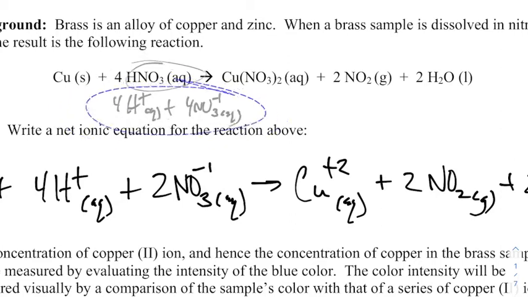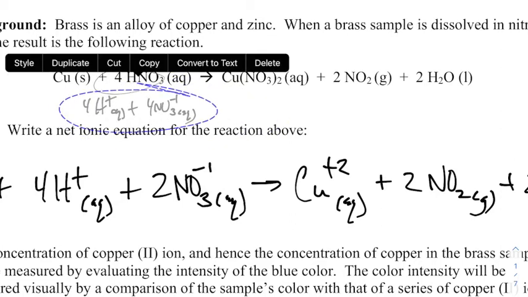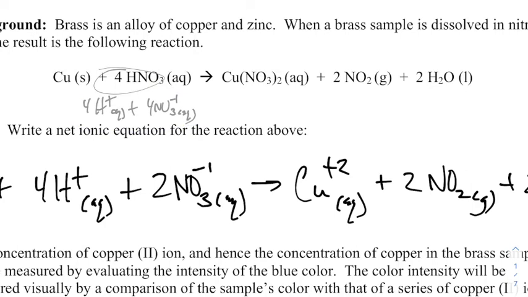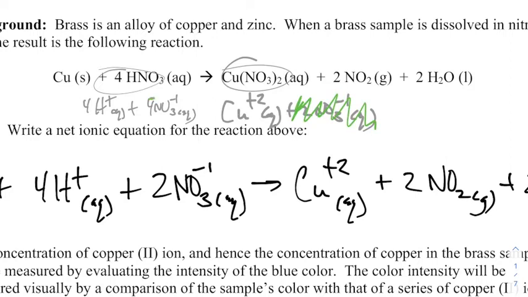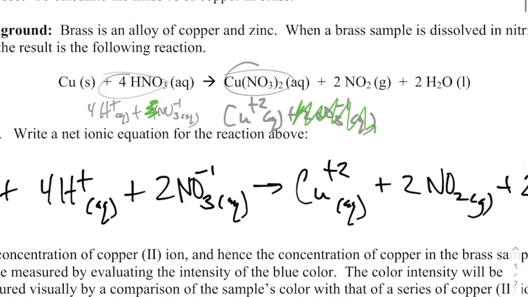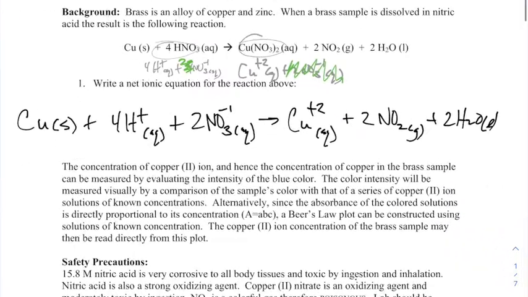The only other thing that's going to break apart on this side is the copper compound, which breaks into the copper ions and then 2 nitrate ions. So to turn this into a net ionic equation, all we have to do is take the 2 nitrates over here and cancel out 2 of them over here, and then we're left with 2 instead, and we have everything else that we need.